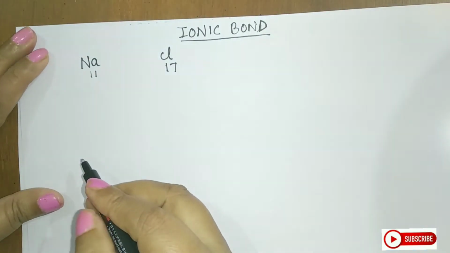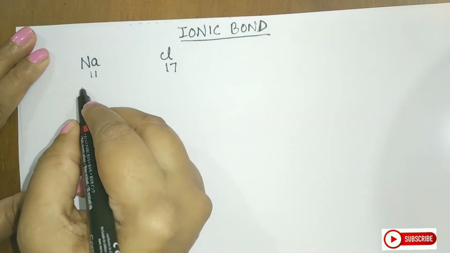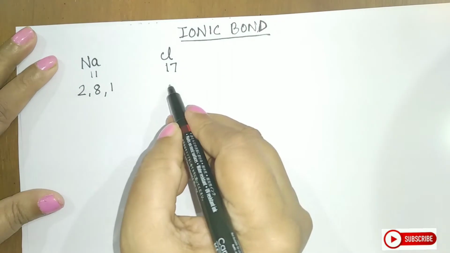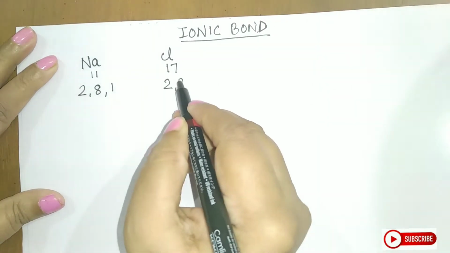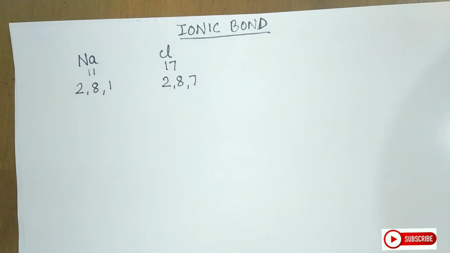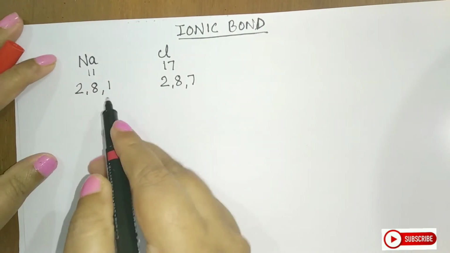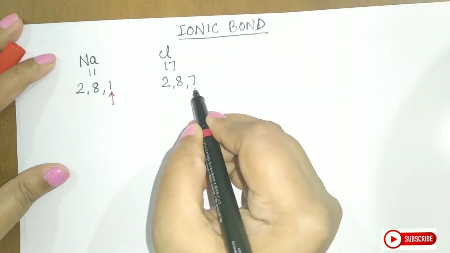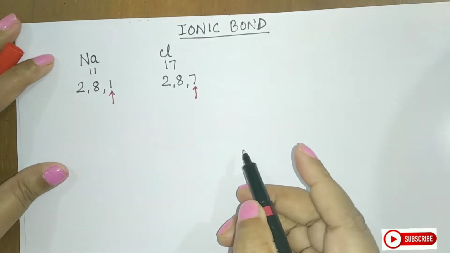If I write the electronic configuration, for sodium it is 2, 8 and 1, while that of chlorine is 2, 8 and 7. Students, if you see the valence shell here, what is a valence shell? It is the outermost orbit. Sodium has 1 electron, while in chlorine there are 7 electrons.